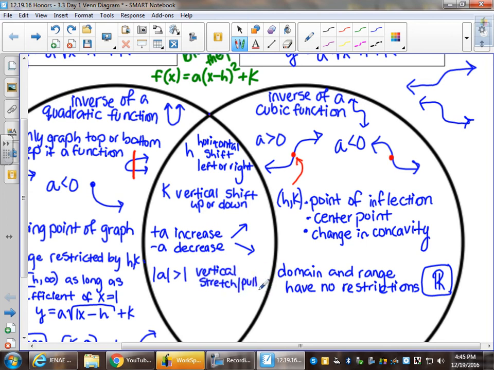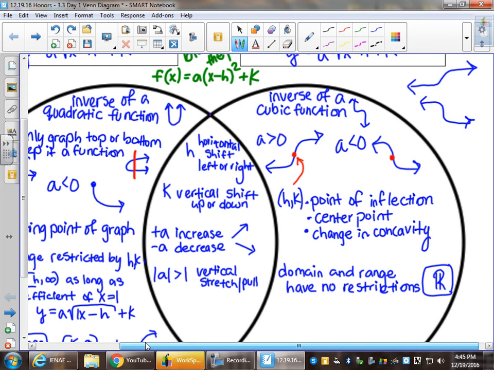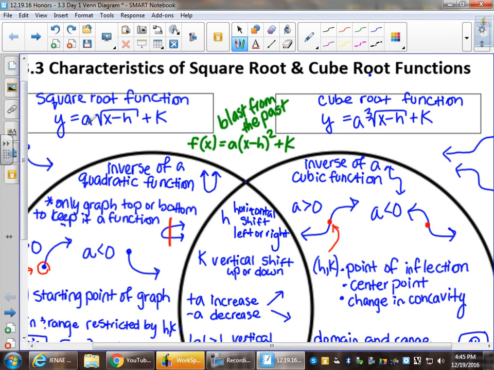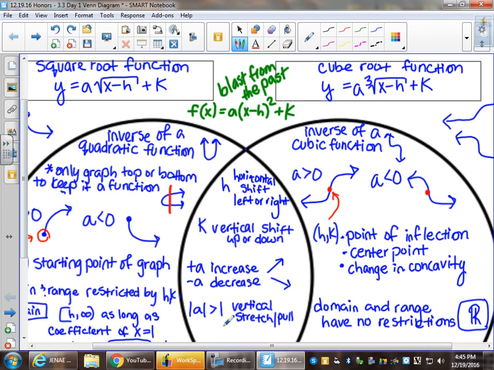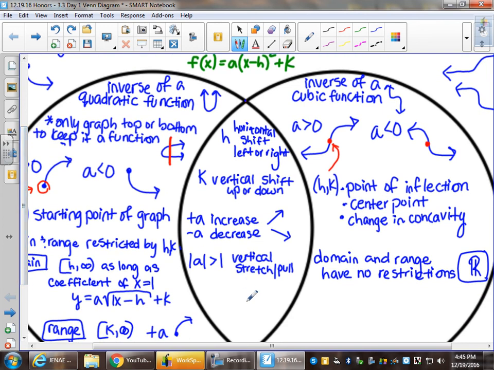That is the same quality here. Let me point to the right function. Here, if I had 5 times the square root or -3 times the square root, take the absolute value, 5, 3, those are larger than 1, there would be a vertical stretch or pull, whichever way you like to look at it or hear it. They both mean the same thing.